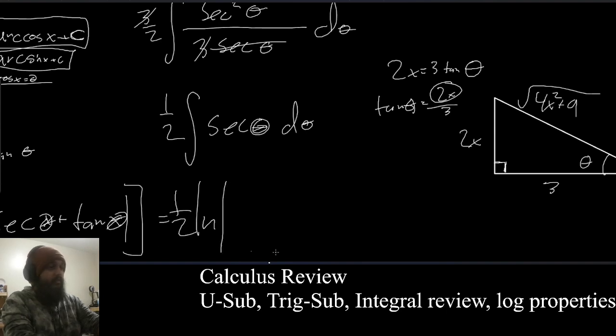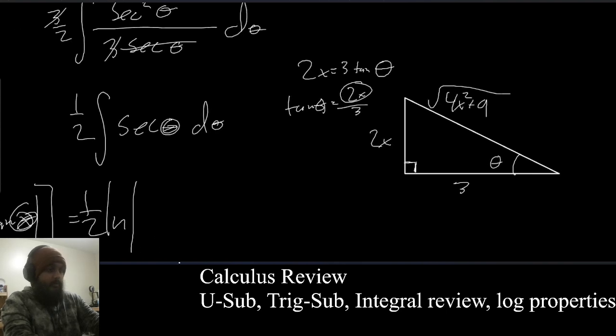So natural log of secant of theta. Do you remember what secant is? So look, we have those identities. Now we just have to look at a triangle and see what we get.